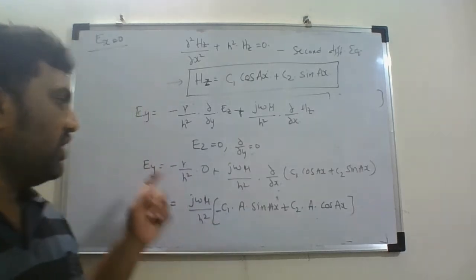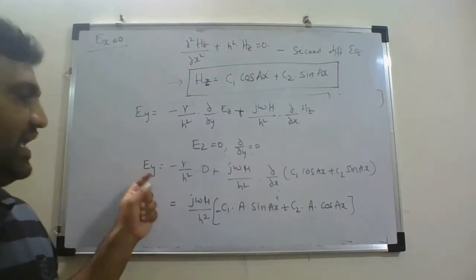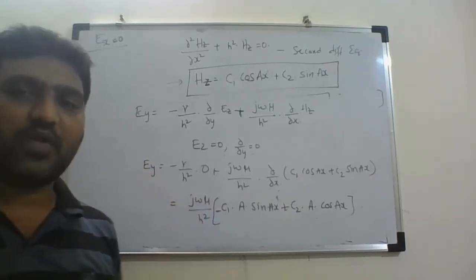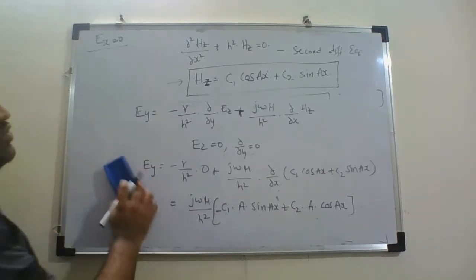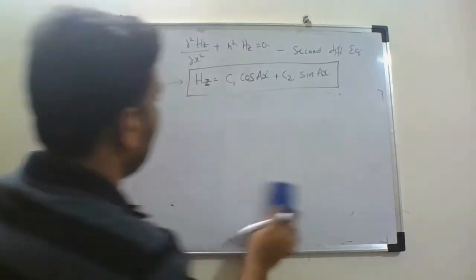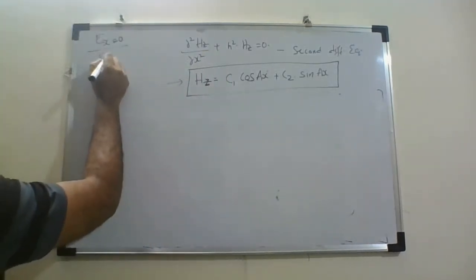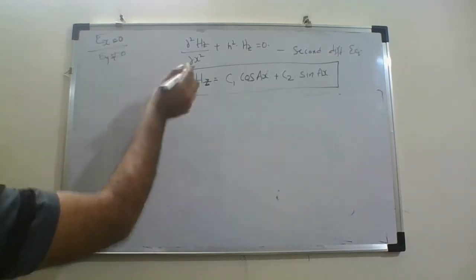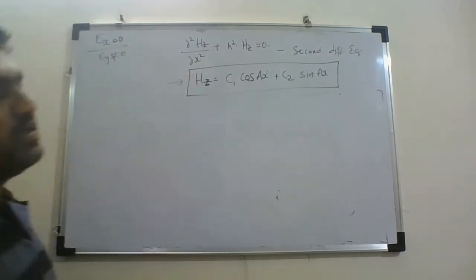Therefore only Ey exists, and it is given by this expression. Clear with this? So Ey is not equal to 0.